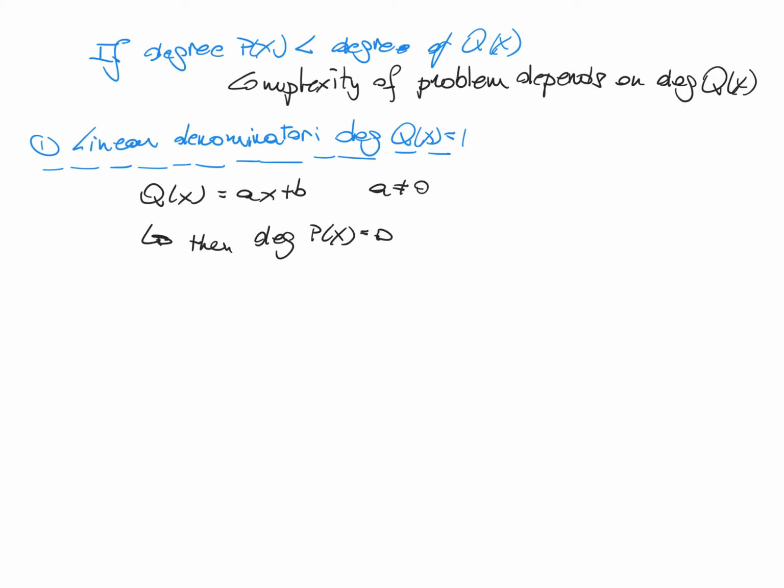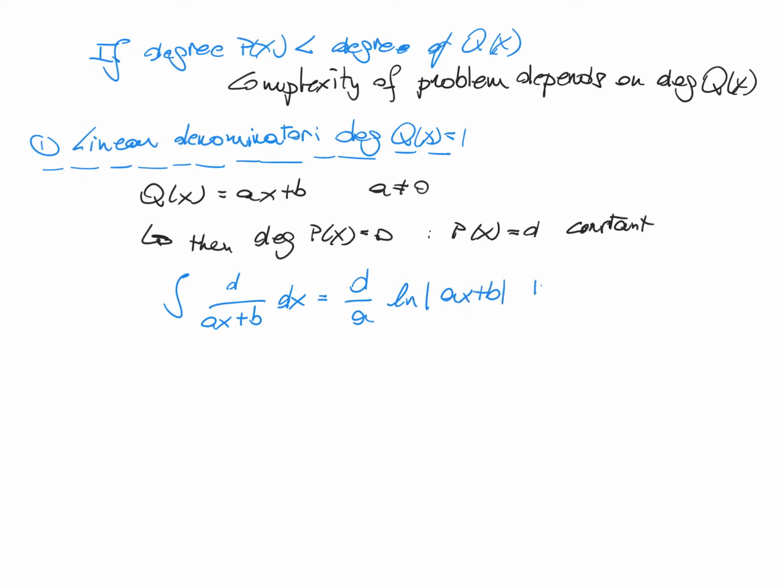So this means that p(x) is equal to a constant d. As such, my integral is of the form d divided by (ax + b) dx, and the solution of this kind of integral is easy to find using substitution. So this is d divided by a times the logarithm of |ax + b| plus a constant.